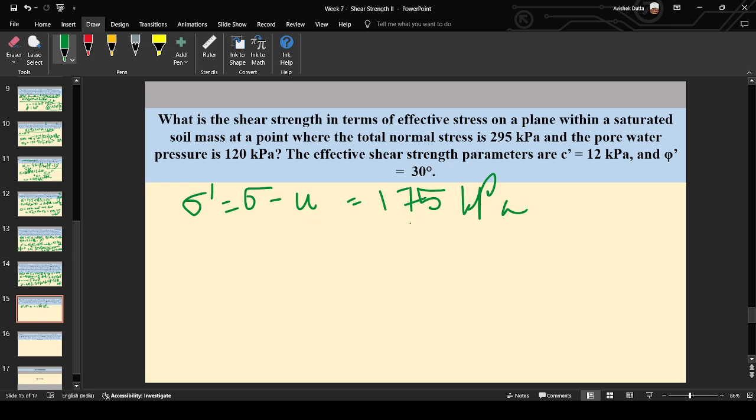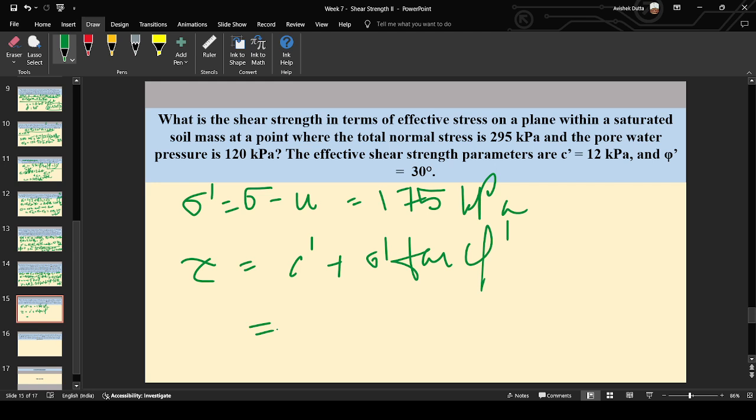Now the shear strength parameters we have are c dash and phi dash. So the effective shear strength tau equals c dash plus sigma dash tan phi dash. Put the values in this equation: c dash equal to 12, sigma dash 175, phi dash 30.